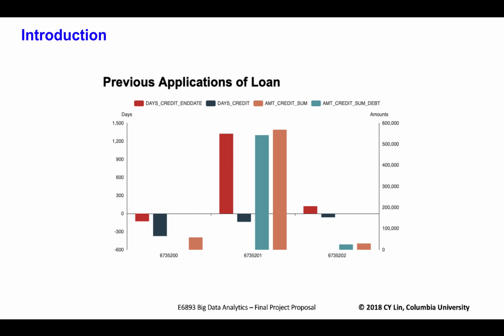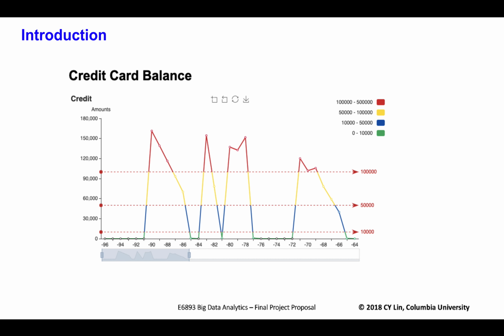If it is positive, then it means that this application is not finished yet. The dark blue bar represents the start date of the application before this applicant started this application on Home Credit. The orange bar is the total amount of the loan, and the light blue bar is the amount of unpaid loan.